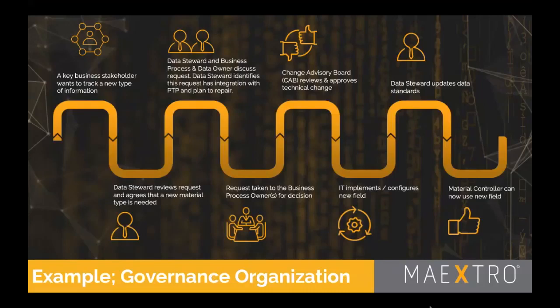Again, the workflow should supplement all this in the native engine. They discuss this request, it's collaborative, and it's taken into the workflow stream. The business process owners make the decision, and then it's approved, and then IPC implements it, and then it's ready for operational use. So it's kind of putting some process around how you operate in terms of data creation.